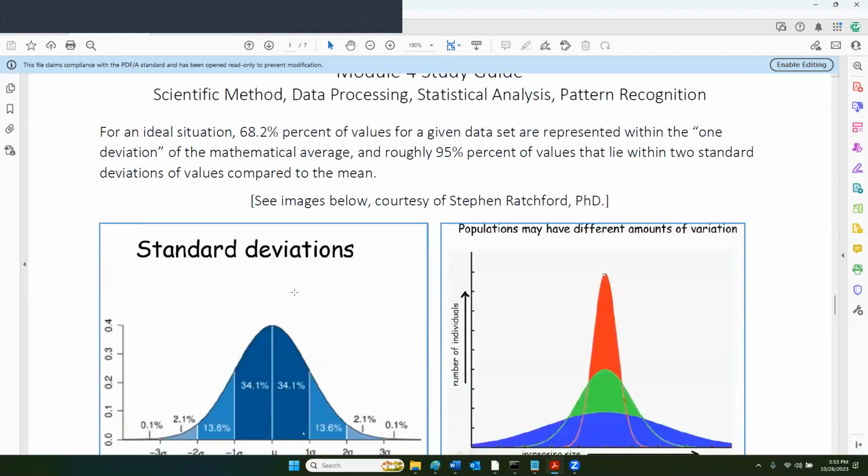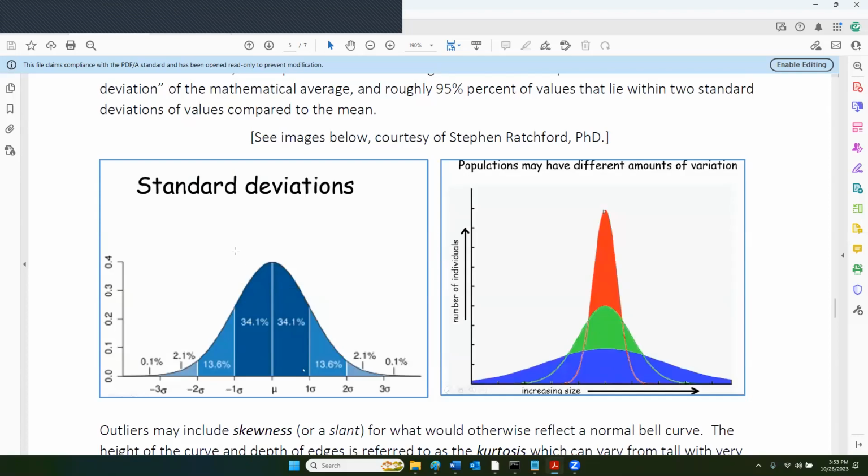In this case, for a normal distribution, 34.1% of the measurements are a little less than the average value. So if we're collecting data from something we're studying, there's an average value, and that's represented by the center line.